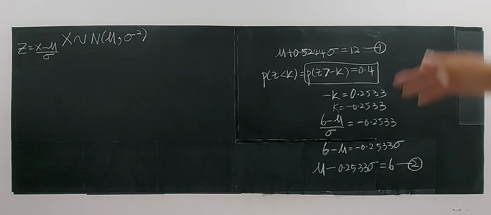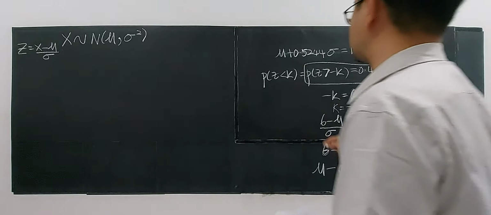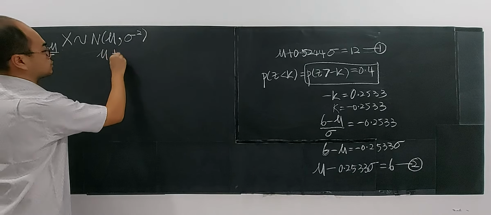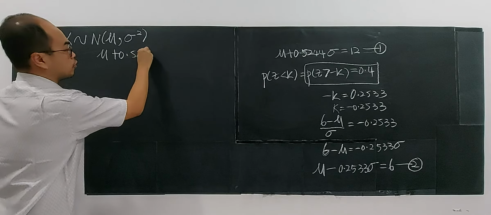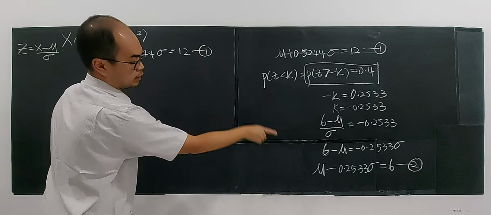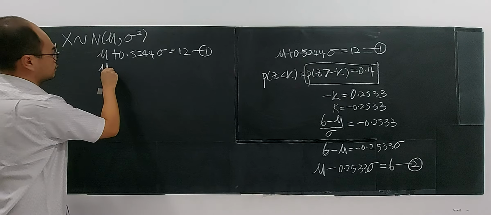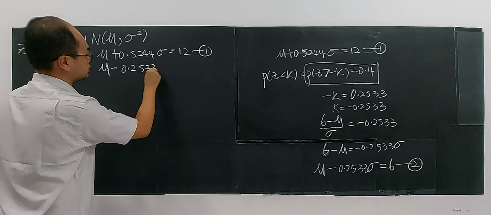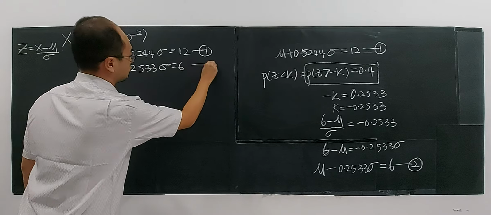So now we continue by solving these two simultaneous equations, where the first one will be mean plus 0.5244 sigma equals 12, equation 1, and equation 2 will be mean minus 0.2533 sigma, which is equal to 6.